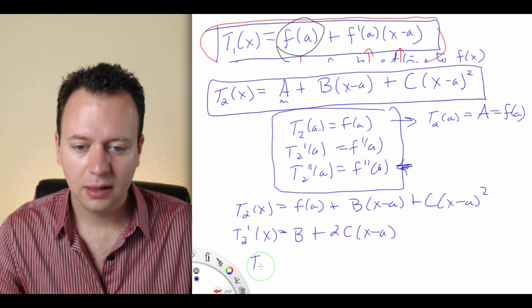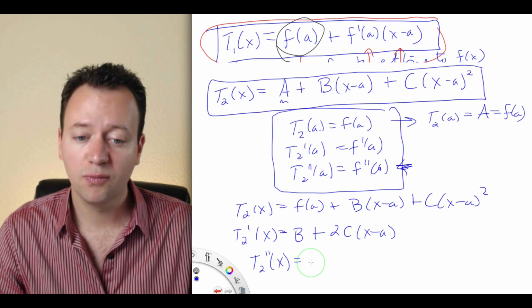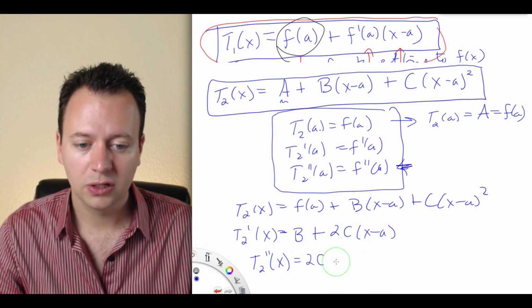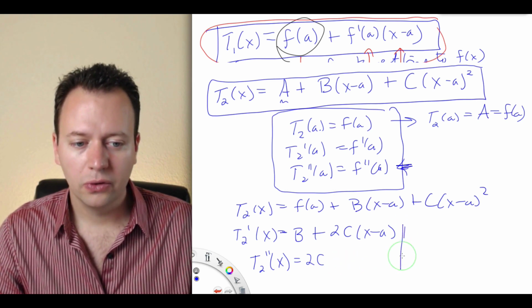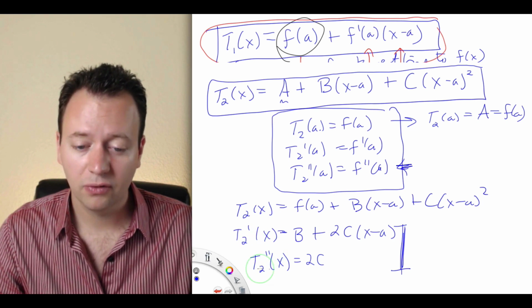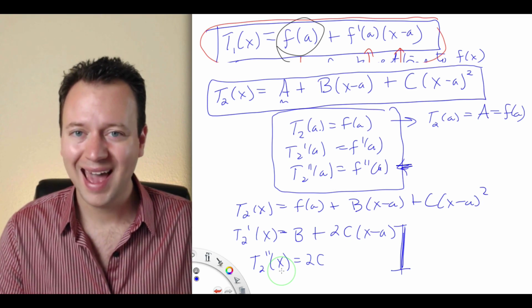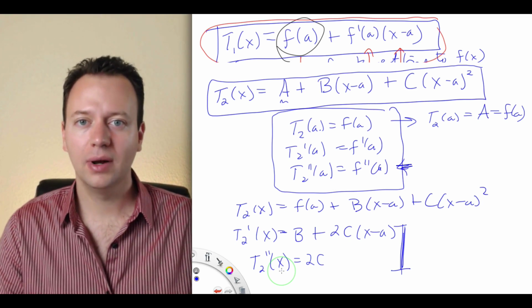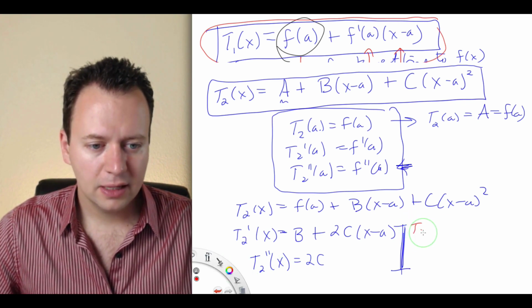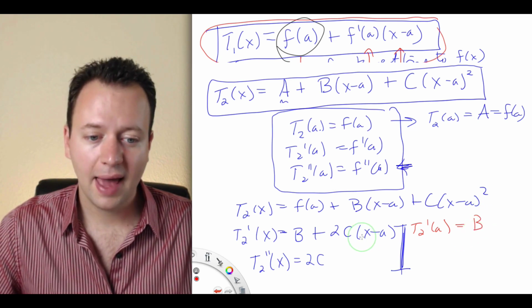And then similarly, T2 double prime of x: the derivative of b is 0, the derivative of 2c times the quantity x minus a is just 2c. So those are the first and second derivatives of T2 anywhere. Now let's look at T2 prime evaluated at the point A and T2 double prime evaluated at the point A. T2 prime of A is just going to equal b, because a minus a is 0.